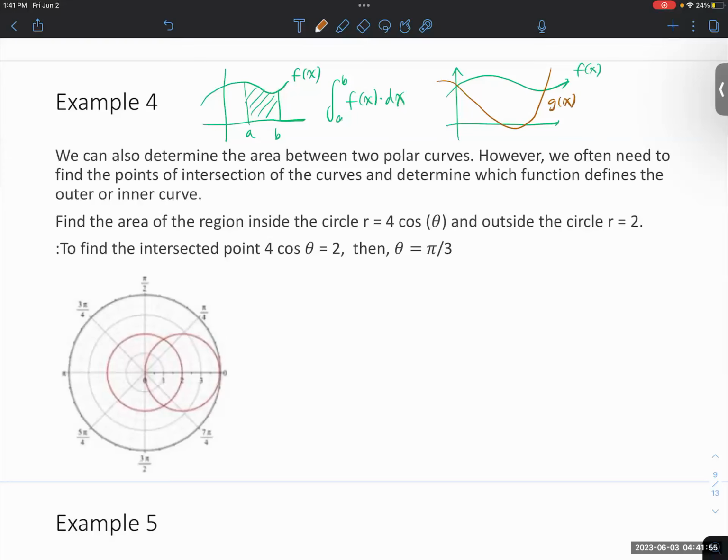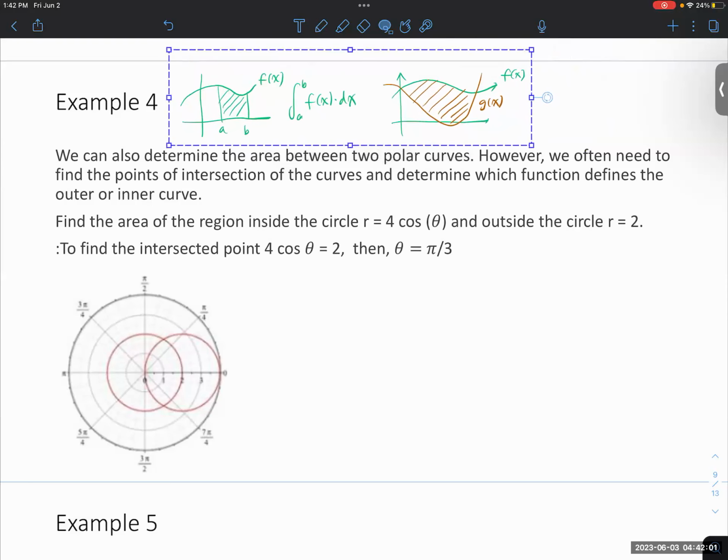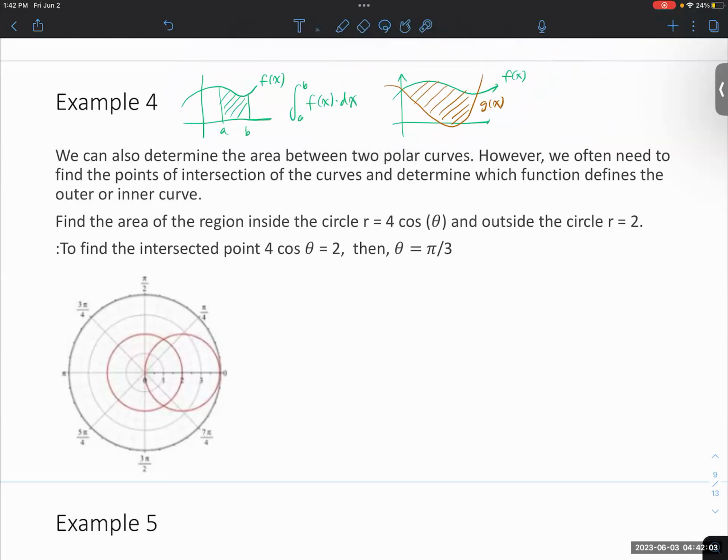We're looking for the area between f and g. Do you guys remember how to do it? It's the same thing this time. Let's say this is A and B. Between A and B, you have the large height function minus the lower height function. If you subtract, you can find the area between two functions. So that's the background.